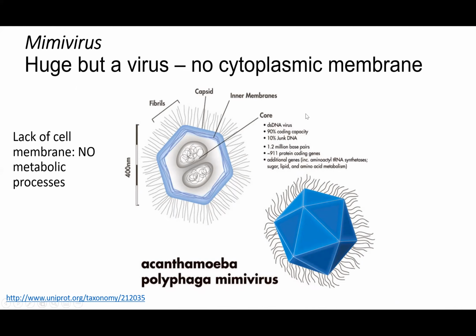It is a double-stranded DNA virus. It has 90% coding capacity, meaning that of the entire genome, 90% of it codes for proteins, which is about what we see for most bacteria. It has about 1.2 million bases, and it has anywhere from 900 to 1,200 genes in it. And it's huge. It's encapsulated, it has an inner membrane, and has that core.